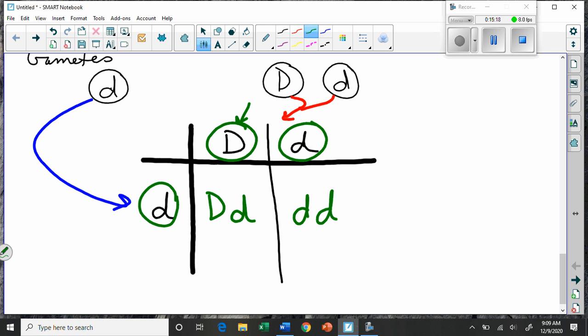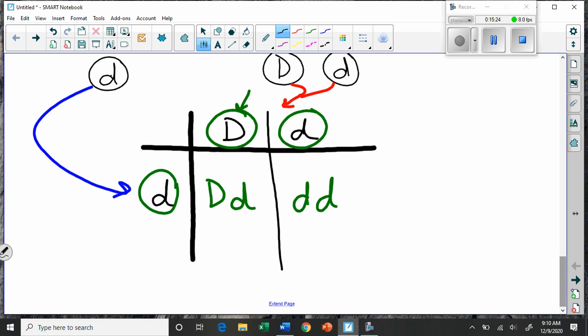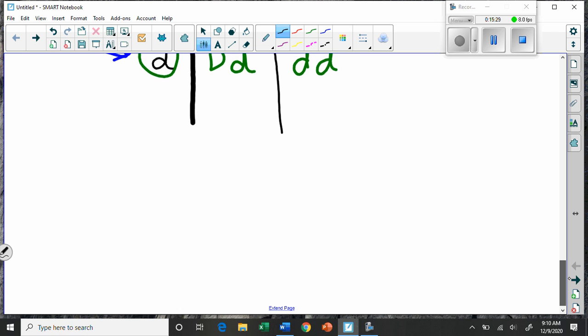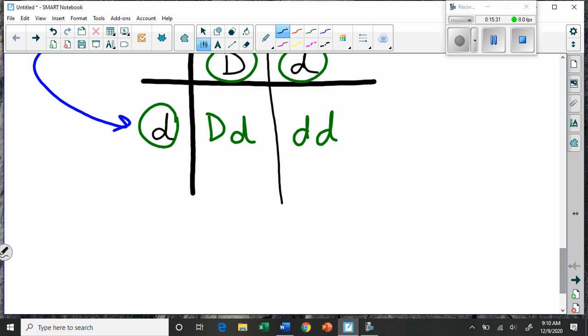And so what we would say is for the genotypic ratios, the two possible genotypes, for the ratio, we want to say, well, there's this one. Let me just include that there. The genotypic ratio is 1 out of 2.